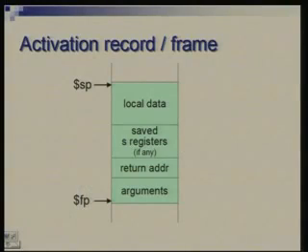Finally I'd like to show you what is called an activation record or a frame. We have talked about putting so many things in the stack. Once you come to recursive calls, then basically the solution for everything I mentioned was stack.